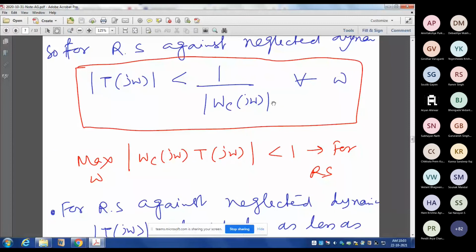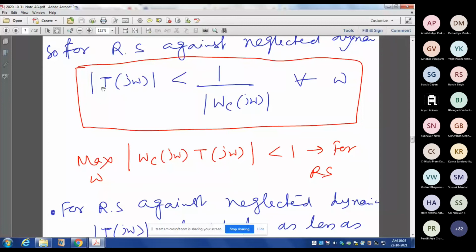So T(jω) should be as small as possible at high frequency, because neglected dynamics are of high frequency in nature.